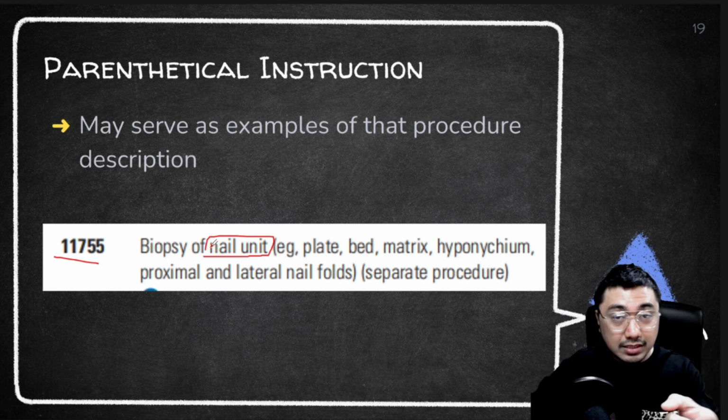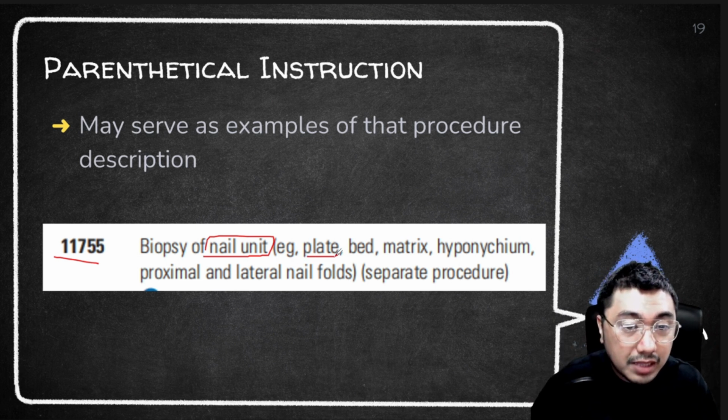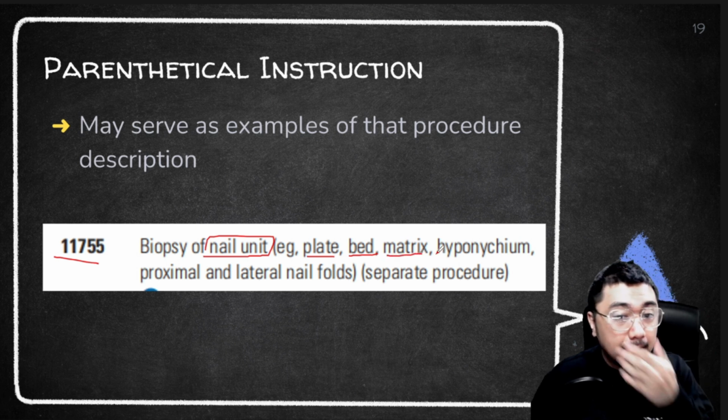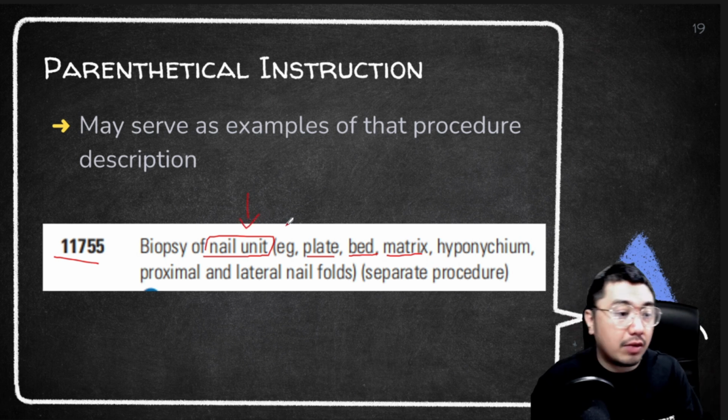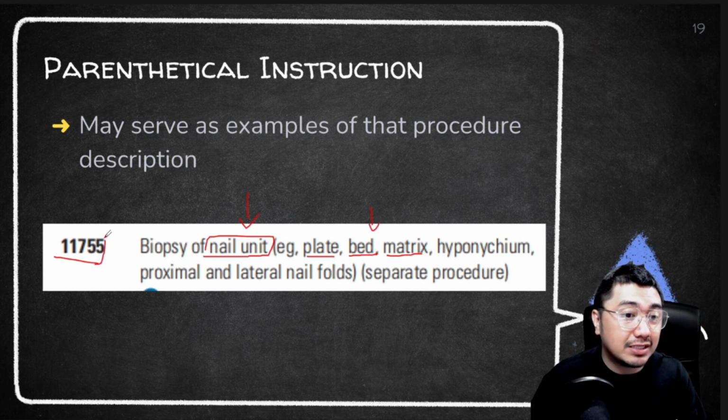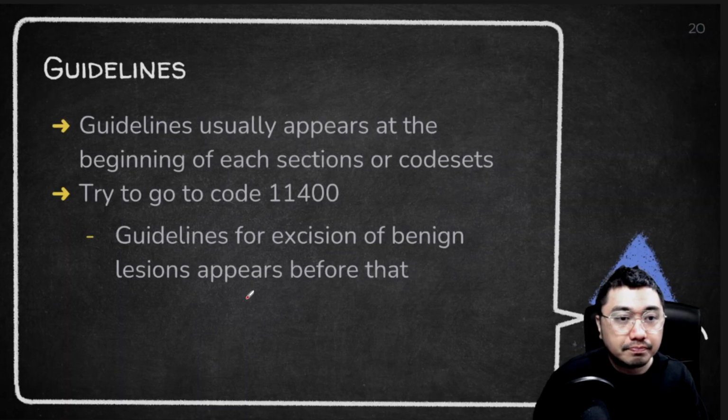For example, nail unit: you have your nail plate, nail bed, nail matrix, hyponychium, etc. So it may not be the nail unit that was mentioned by the doctor, but nail bed. So 11755 is applicable to use. Okay, so that's it.